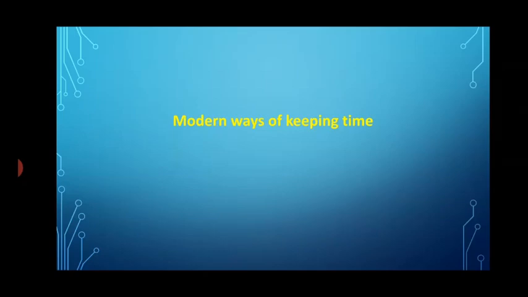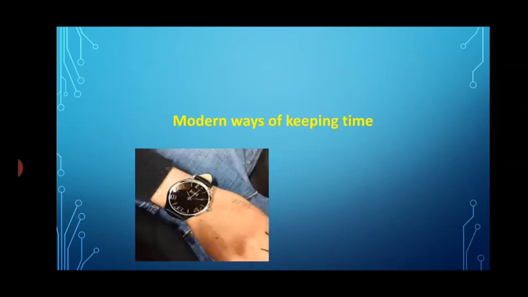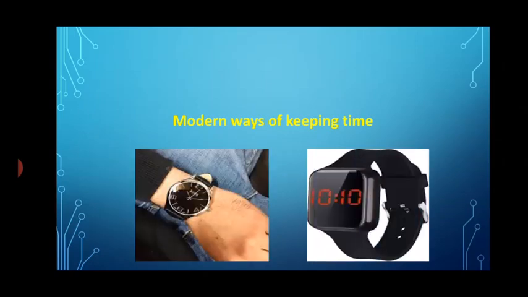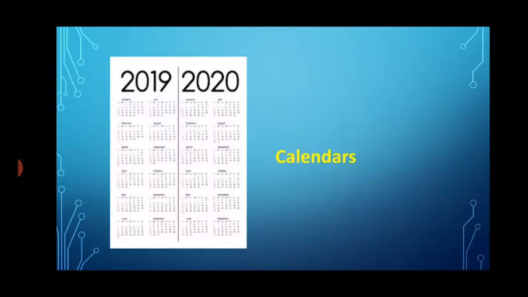So you make use of watches. You have digital watches also. You just need to know how to read. You will be able to see the time. So these are the modern ways of keeping time. You also have this kind of calendars which we use in order to keep time.